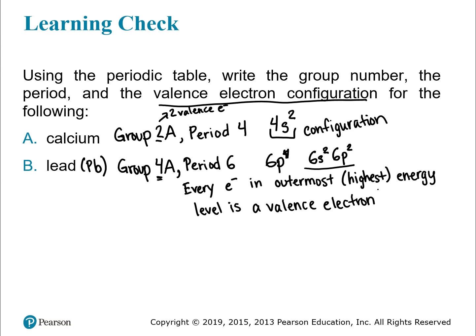So that one was a little bit trickier because we had to include the s orbital and the p. But we should know already that there are 4 valence electrons just by the group number. This is something that you're going to have to practice. And once you have the electron configurations down, then writing the valence electron configuration will be even easier. Yes, question.